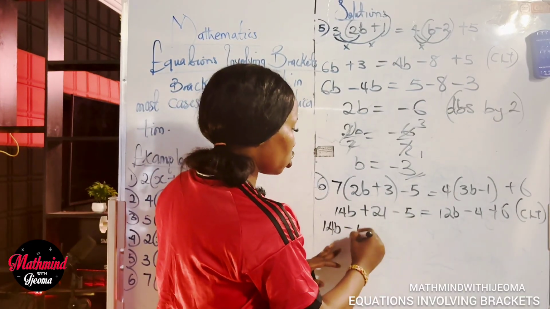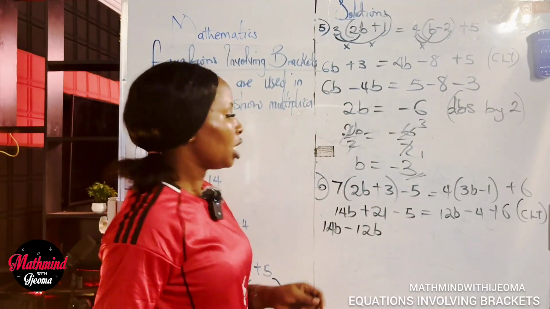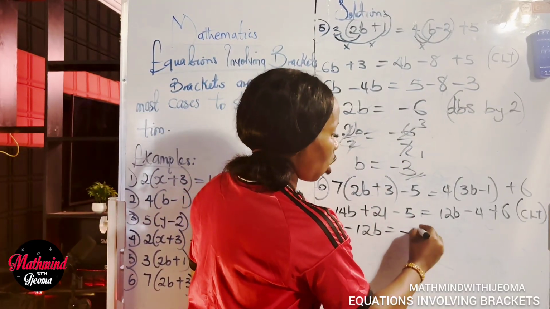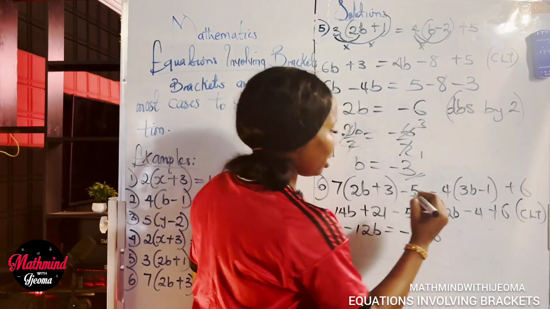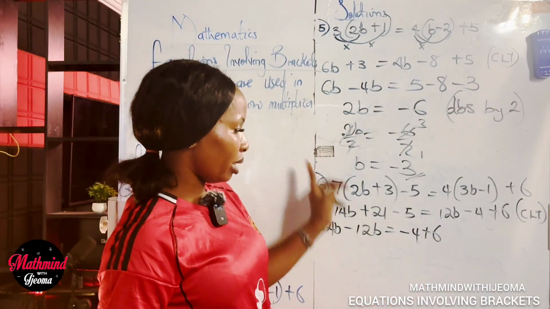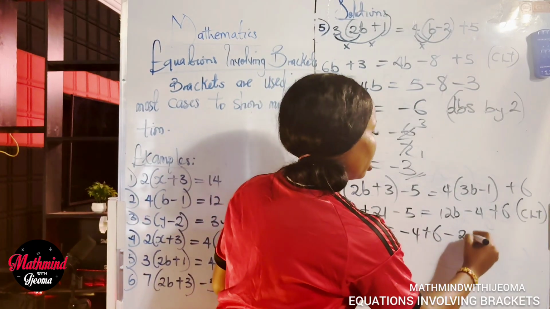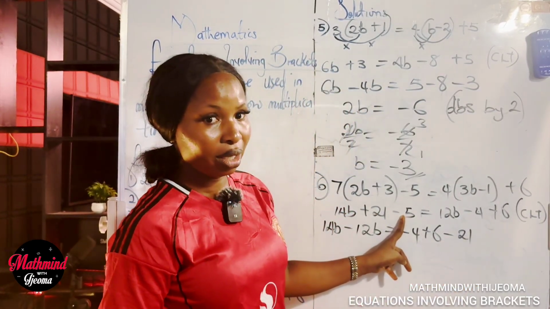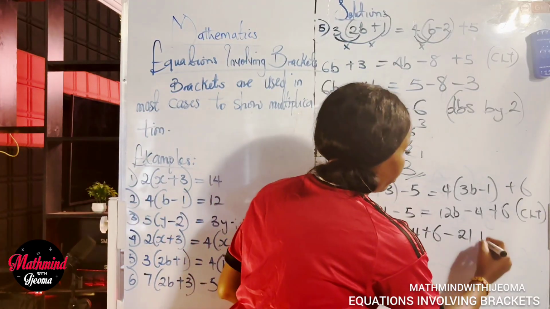So we have minus 12b. And we have minus 4 plus 6. Then we have 21 here, minus 21. We have 5 here, plus 5.